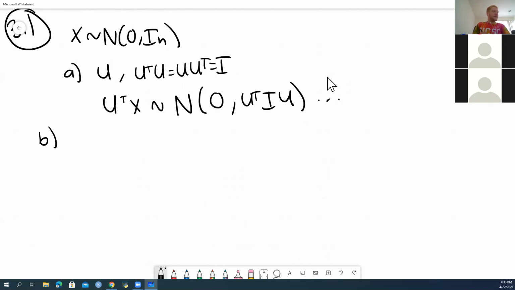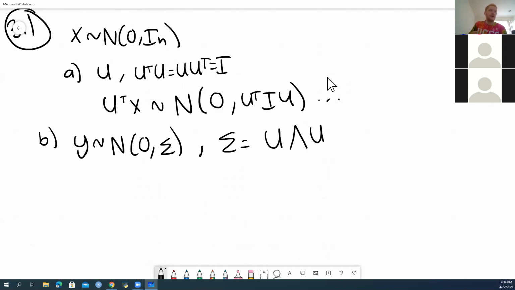For B, they say Y is normal, 0, sigma. And they say that since sigma is a positive semi-definite matrix, which is actually true, then sigma can be broken up into a spectral decomposition, which will be U Lambda U transpose. This is true because remember, sigma is a symmetric matrix and a positive semi-definite matrix as well.